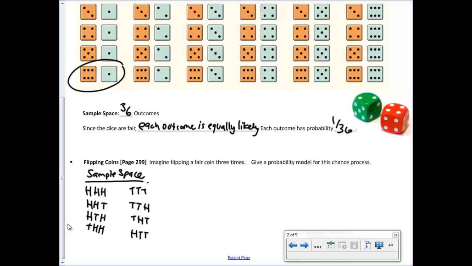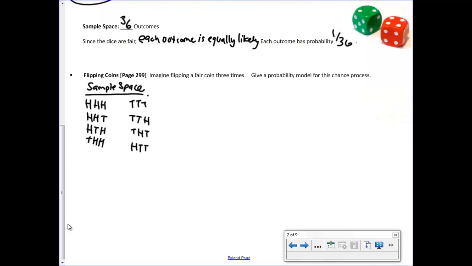Do you kind of see what I did? Here's what I did to kind of keep a logical process to it. If I move it up, you guys could see. I had all my tails, I had all my heads. Then I'm like 2 tails, I put the H on the end, I put the H in the middle, and I put the H first. Here I put the tails on the end, tails in the middle, and then tails first, just to kind of keep it logical for me. So my sample space, this is what my sample space looks like.